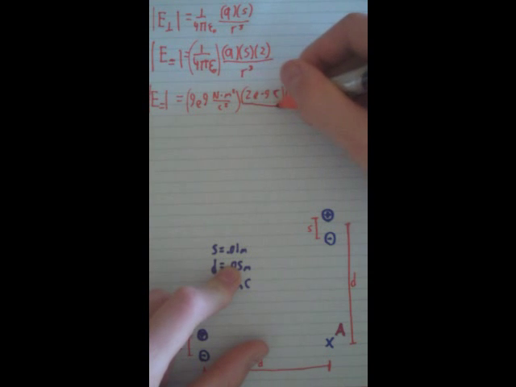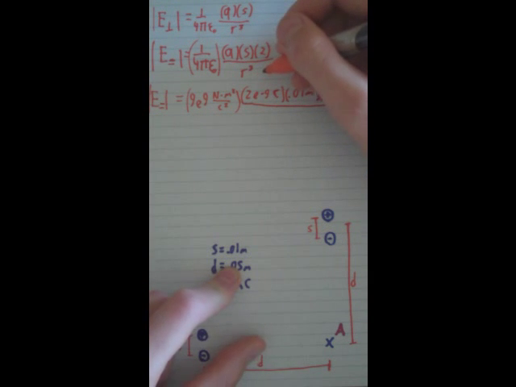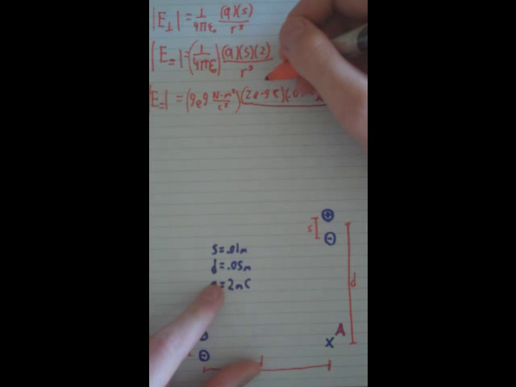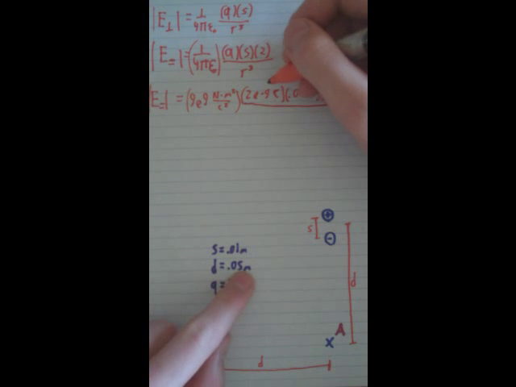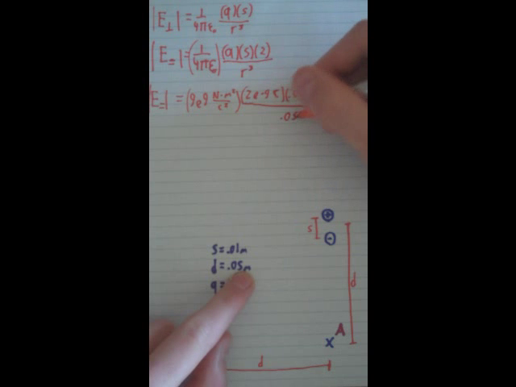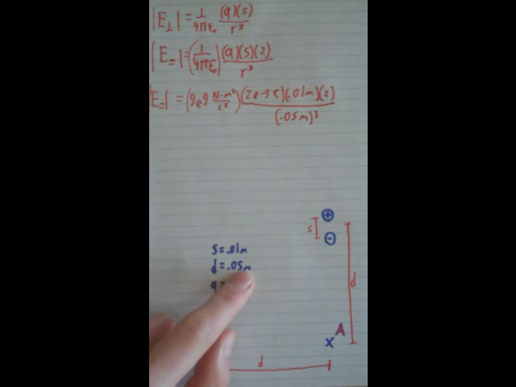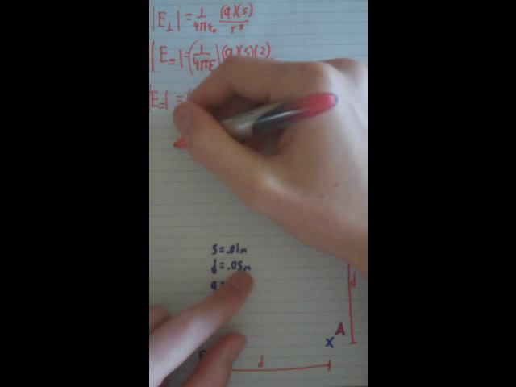And all of that over r cubed. And in this case, r cubed is 0.05 meters cubed.